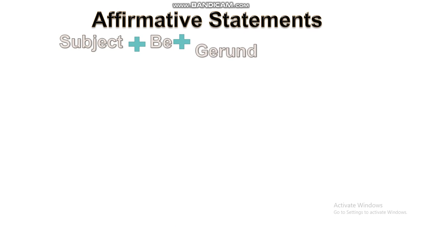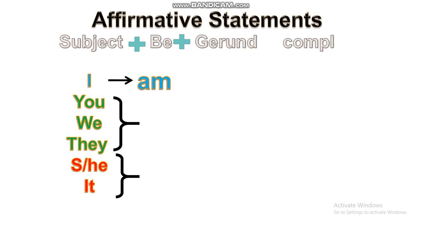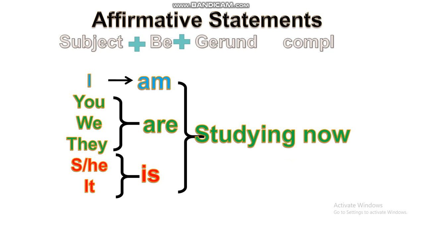Affirmative statements. As we said, subject, verb to be, gerund. As for the subject, I, you, we, they, she, he, it. For I, we put am. You, we, they, we put are. She, he, it, we put is. And then the rest of the sentence is starting now.